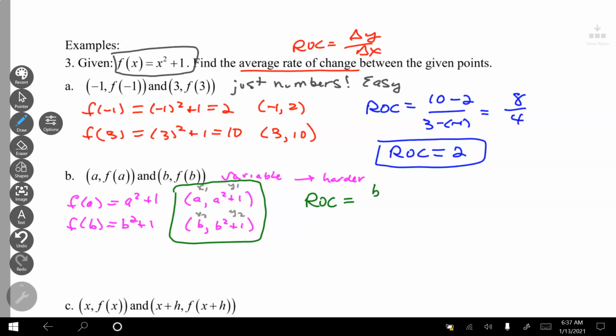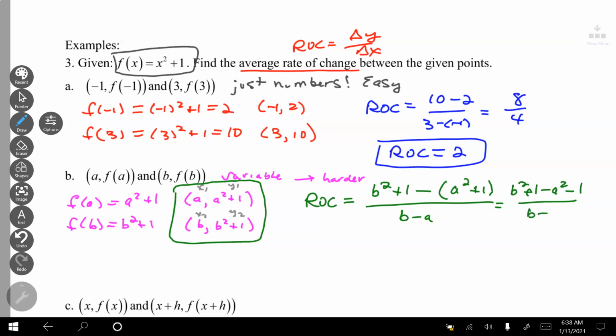So y2 is b squared plus 1 minus, and because there's more than one term in here, I better put parentheses around it, a squared plus 1, over b minus a. I get rid of the negative sign by distributing. b squared plus 1 minus a squared minus 1 over b minus a.